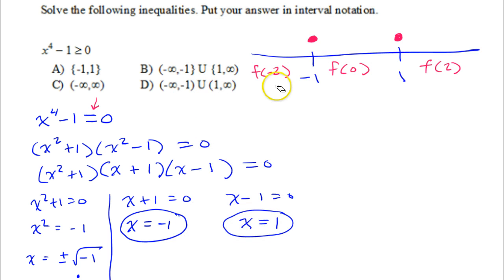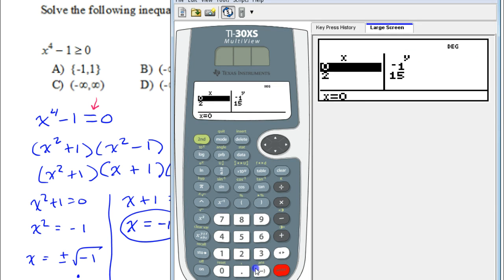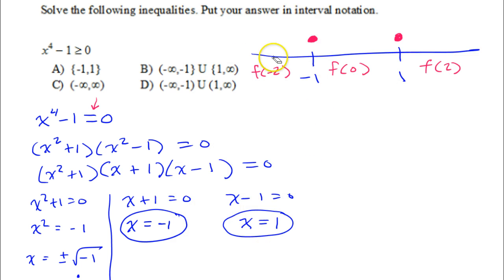Now my three test values are negative 2, 0, and positive 2. So I'm just going to type those in. So I get 15, negative 1, and 15, the value of the function at those points.